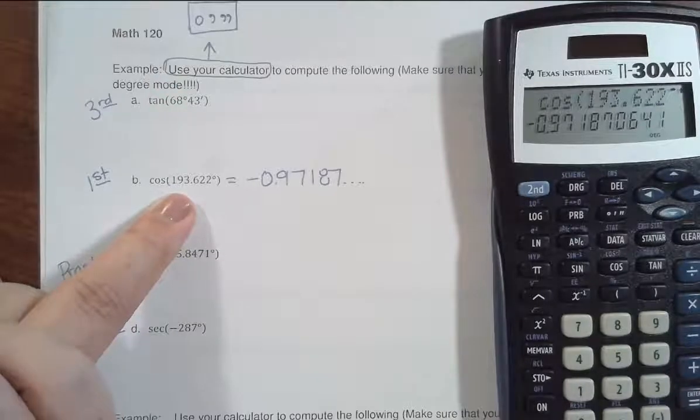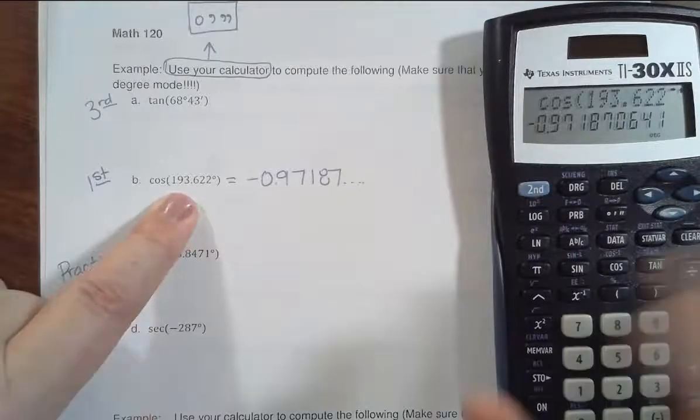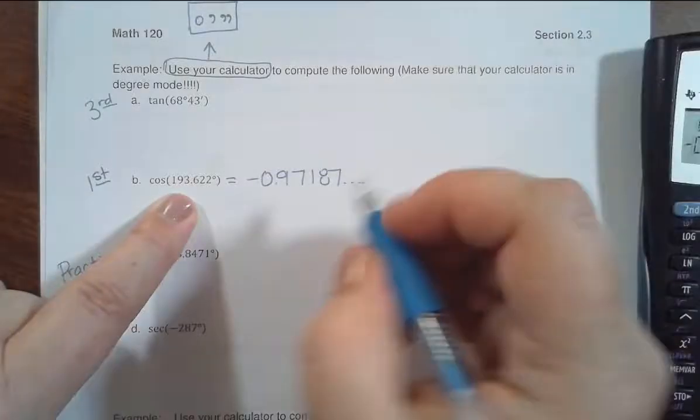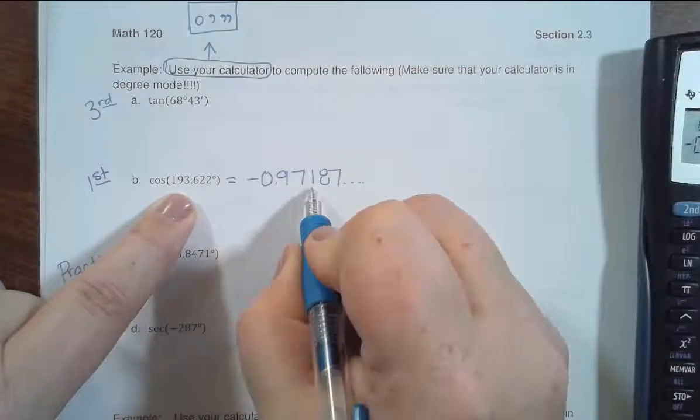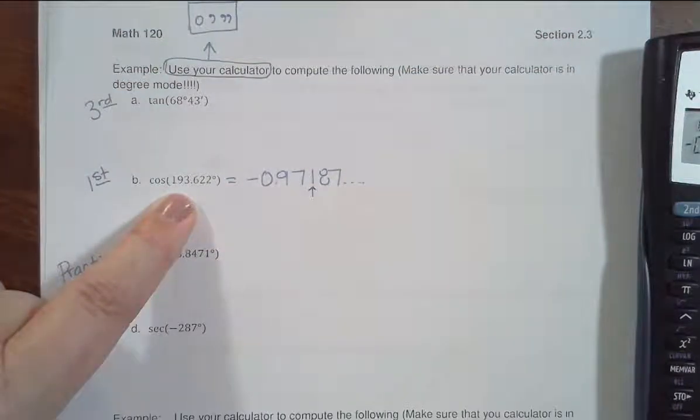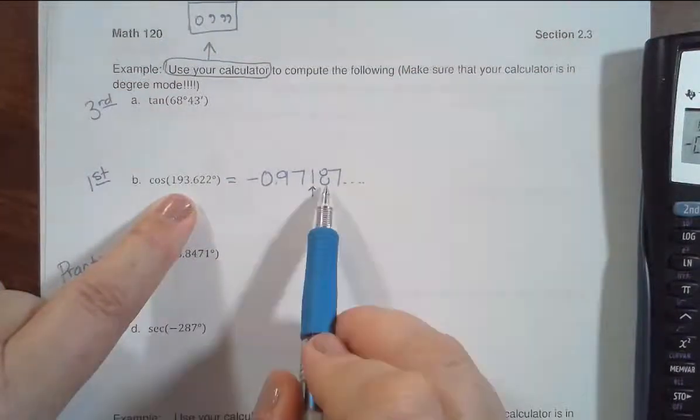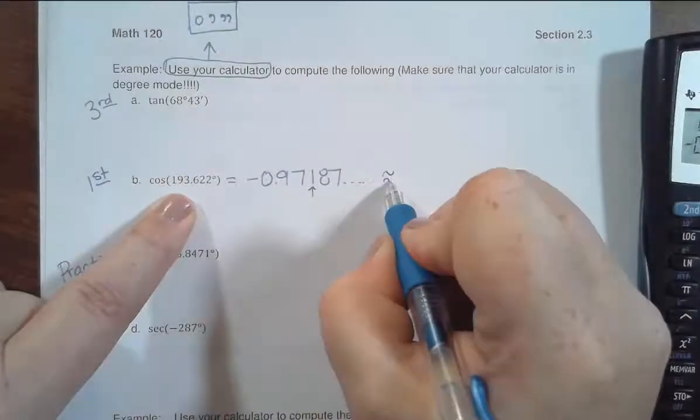Sometimes we only keep 2, it just depends. But more often than not, we keep about 3 decimal places. So that's what I'm going to round to. So if we round to 3 decimal places, 1, 2, 3, then that puts us at the 1. Notice there's an 8 behind it. So I'm going to say this is approximately negative 0.972.